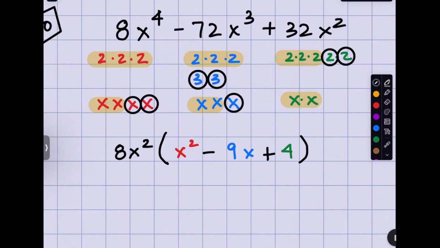In each one of them, I circled what was left. That's why you saw the first x squared, red, because of 2 red circled x's. X times x is x squared. And the second one, I got the 3 and the x circled. 3 times 3 is 9x. On the third one, in the green, you see the 2 and 2 circled. That gives you 4. Yes?